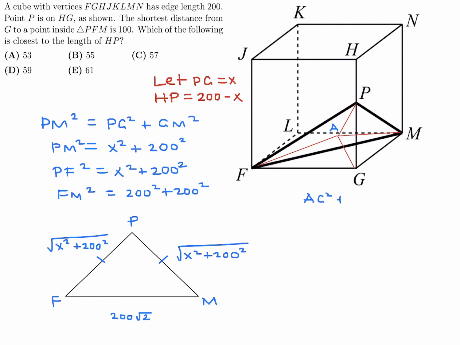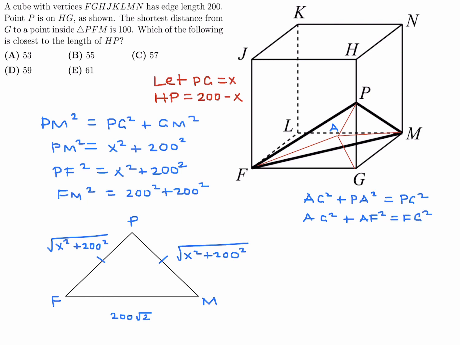AG squared plus PA squared will be equal to PG squared. And very similarly, AG squared plus AF squared will be equal to FG squared.